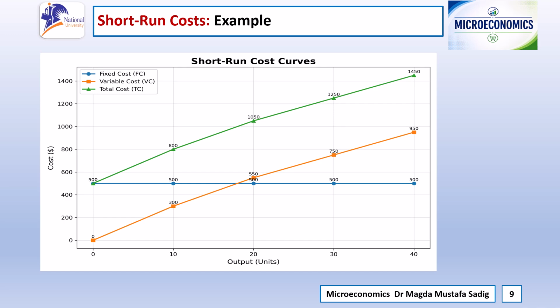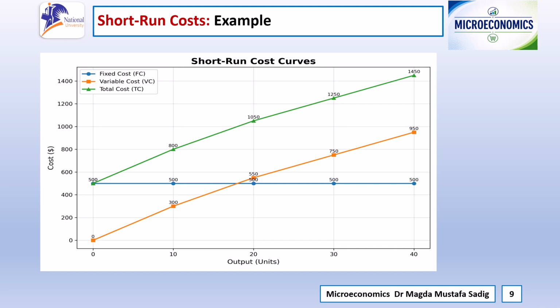This graph explains the variable cost, the fixed cost and the total cost. The blue line represents the fixed cost since it remains at $500 at all levels of output, while the orange line represents the variable cost and it increases with the level of output.